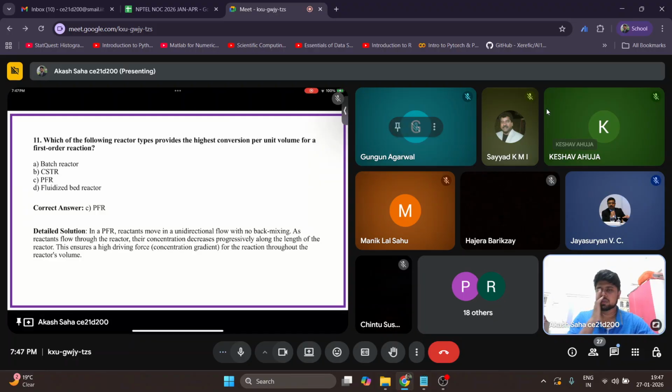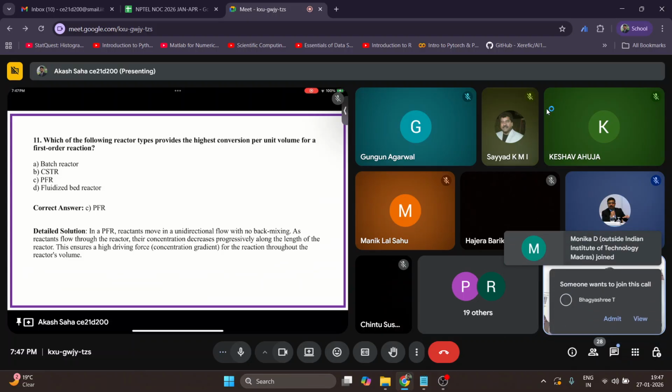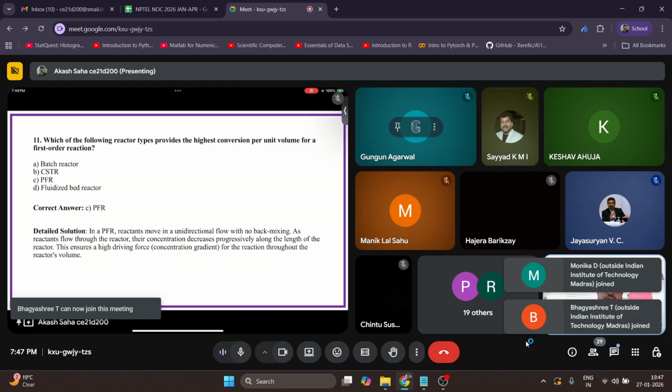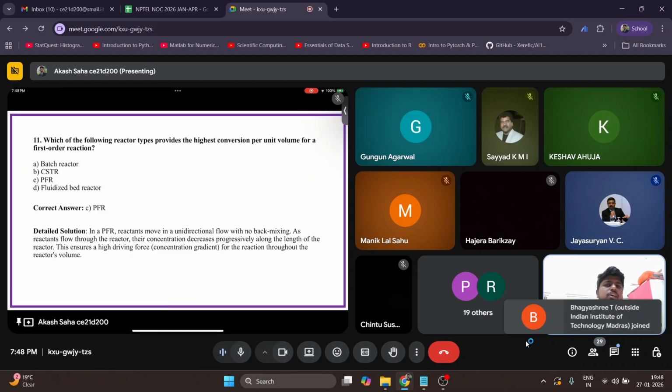Thank you. In the PFR, the reactants move in unidirectional flow without any back mixing. As the reactants flow through the reactor, the concentration decreases progressively along the length. So the concentration gradient is the most in the case of a PFR. We will see the equations and how it affects the concentration.